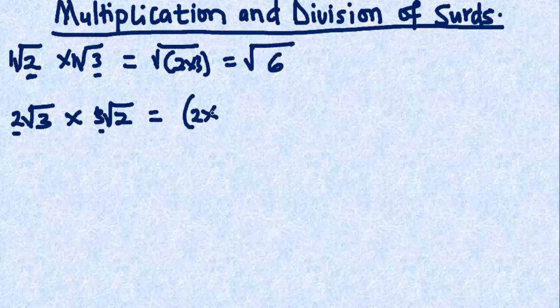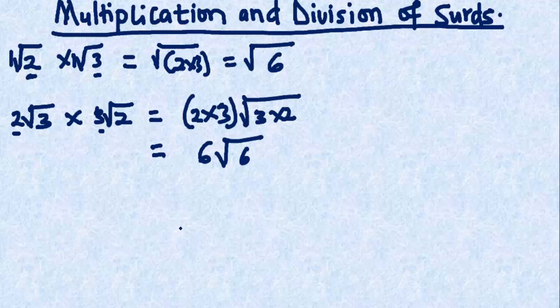The numbers inside the root will also multiply in the root, so 3 times 2 inside the root. Now we simplify, we have 6 root 6. Pretty simple.